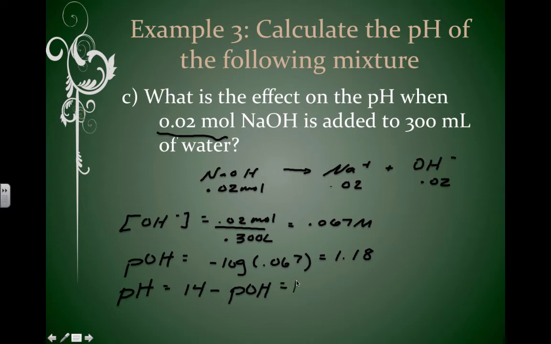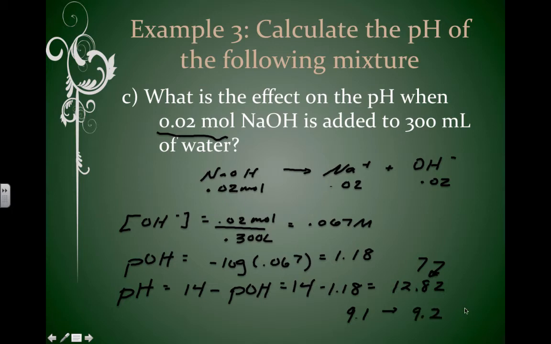So 14 minus 1.18 gives us a pH of 12.82. So adding sodium hydroxide to just water results in a change from 7 up to 12.82. That's a much more dramatic change than going from 9.1 all the way up to 9.2.